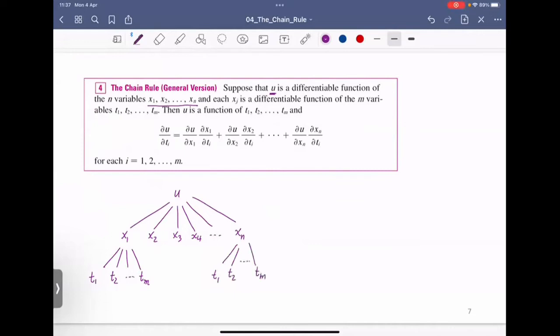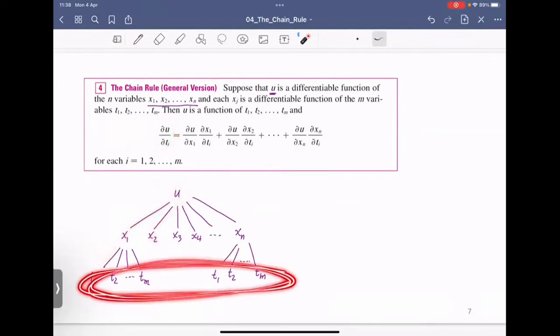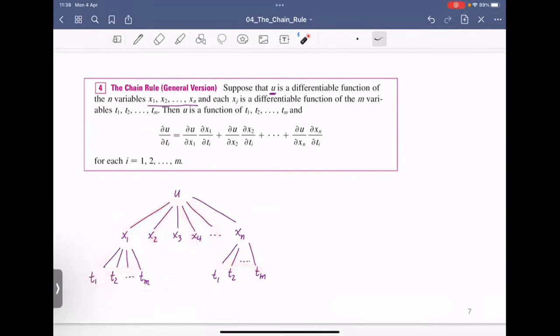So you can see the chain could be complicated, but the way you can do it is, if you want ∂u/∂t1, let's say, you're going to do the same thing. You find all the paths through t1 that you have, and then you can do the chain, starting from the top level and trying to find every single way that you can go from the top to the bottom. And then you make a notation like that.